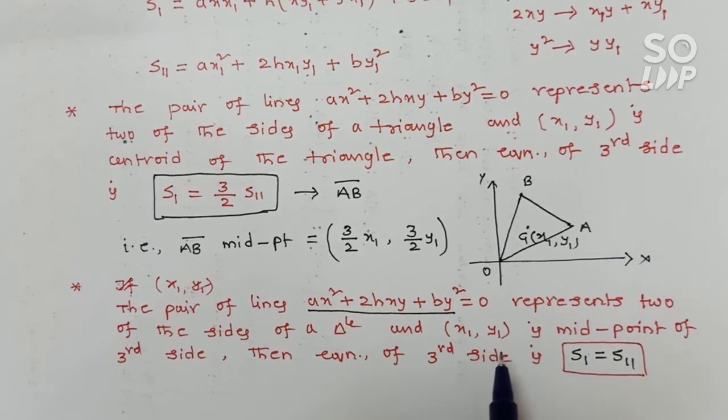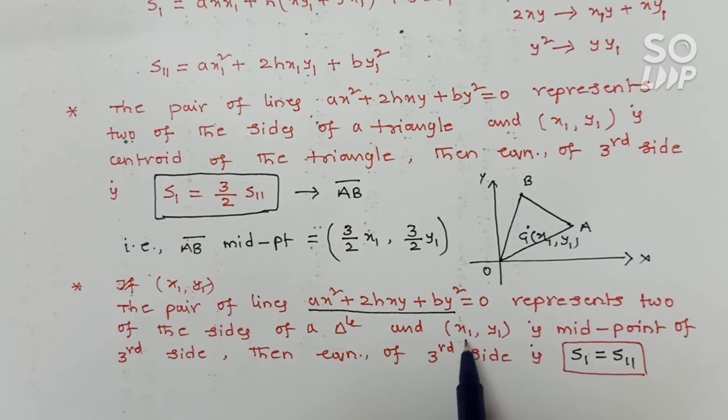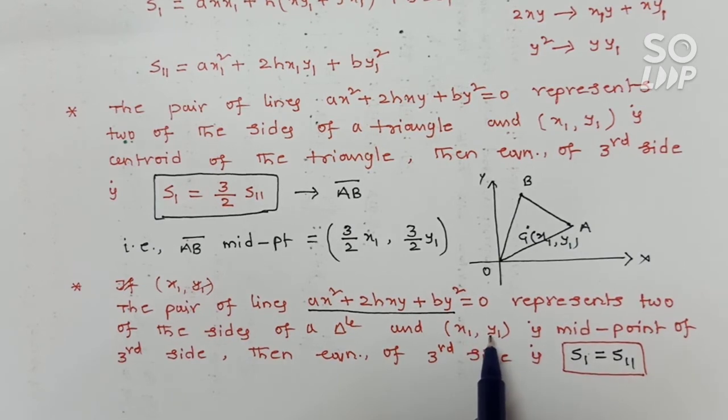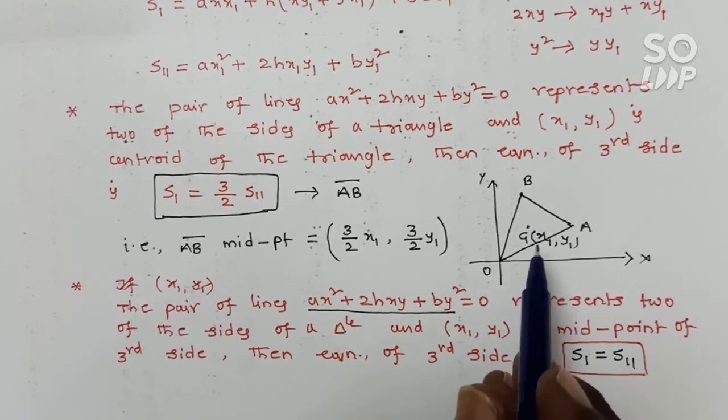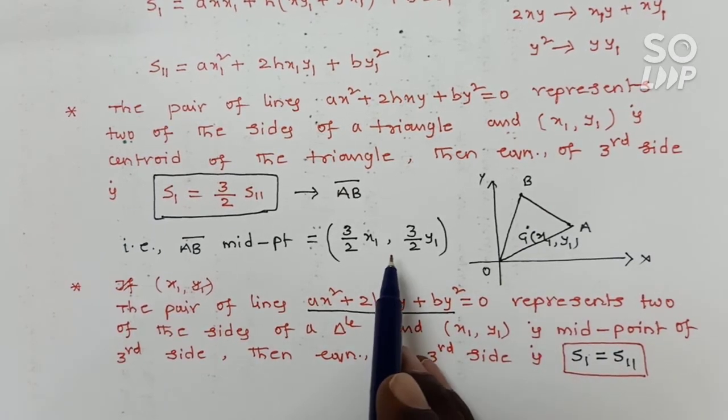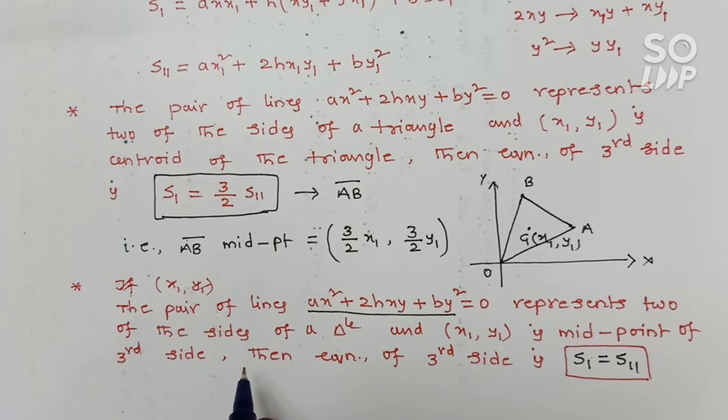Now, one more thing: suppose I give the midpoint of the third side AB, then how to find the centroid? You write the reciprocal. See this one.